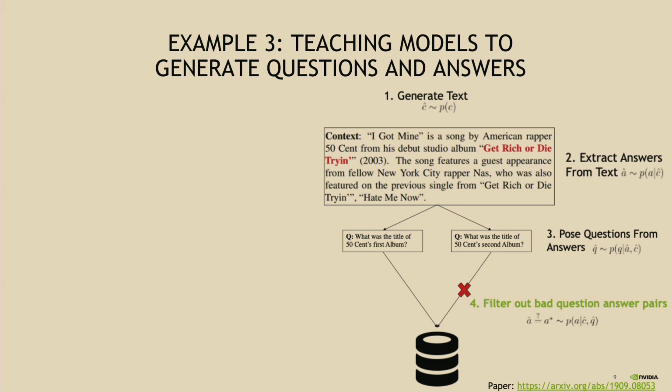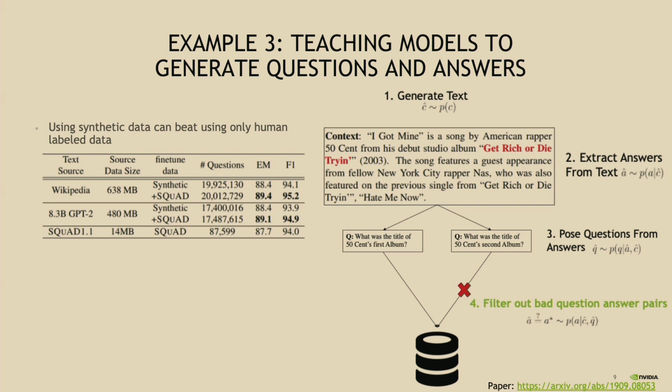And we over-generate questions because some of the question and answer pairs are not valid. And in the last step, we filter out the question and answer pairs that are not valid, resulting in high-quality synthetic data. On the left side, I am showing the exact match and F1 accuracy of the synthetically generated data and compare it to the human labeled trained model.